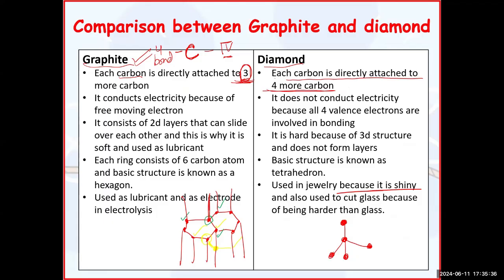Now the second point: it conducts electricity because of free moving electrons. Now from where does it have free moving electrons? I just told you that each carbon is leaving its 4th electron free, and that free electron is not involved in the bonding actually.